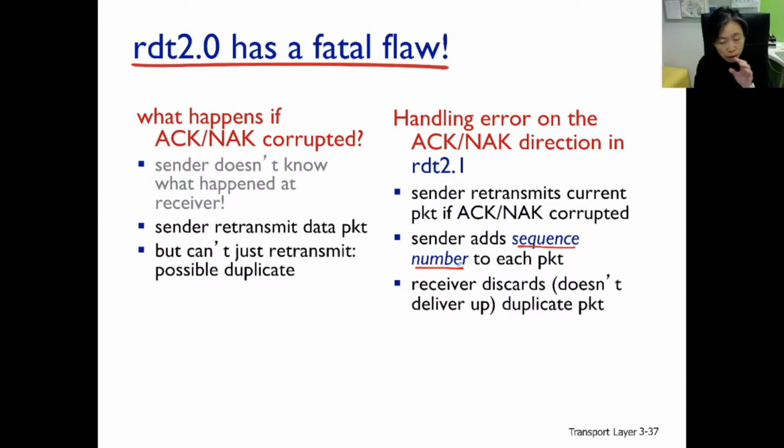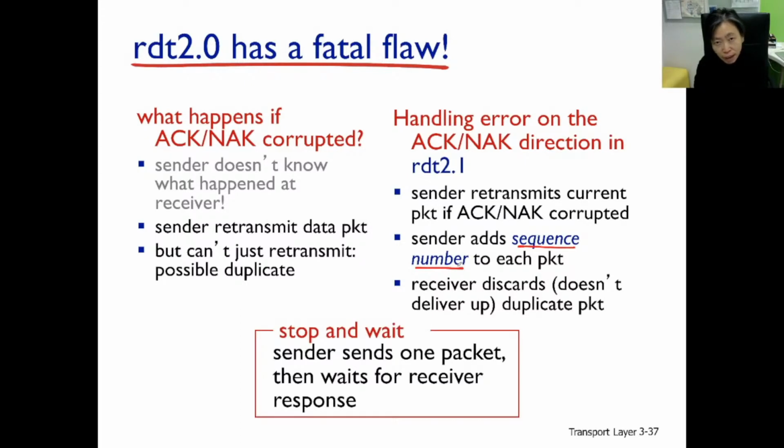Think a little bit more. In RDT 2.0 and RDT 2.1, the sender behaves this way. After sending one data packet, it's going to stop and wait for feedback until everything is cleared. Then it will go back to send data again.